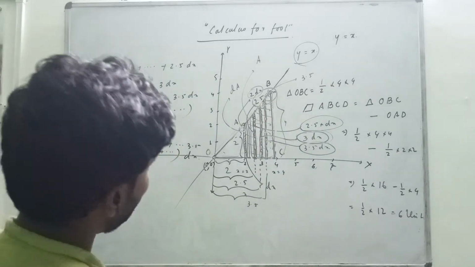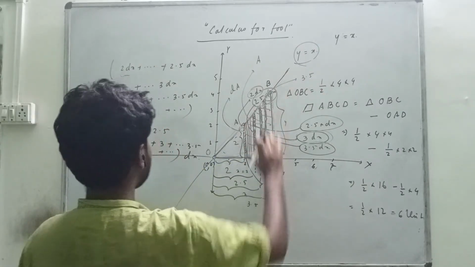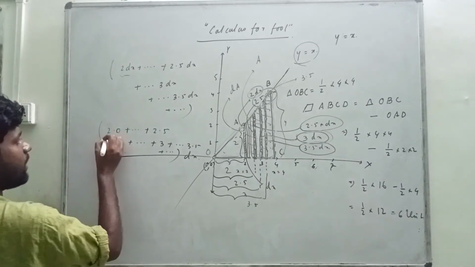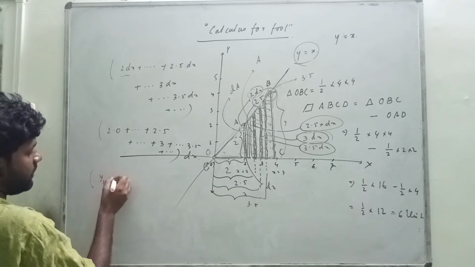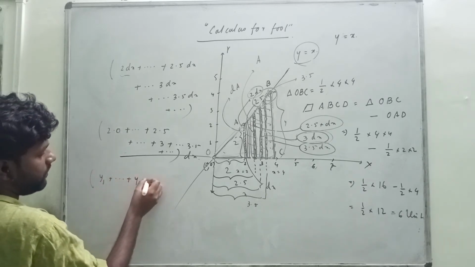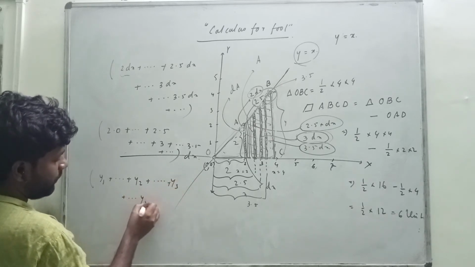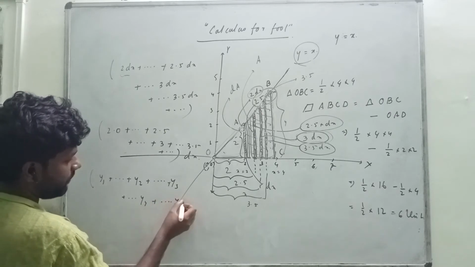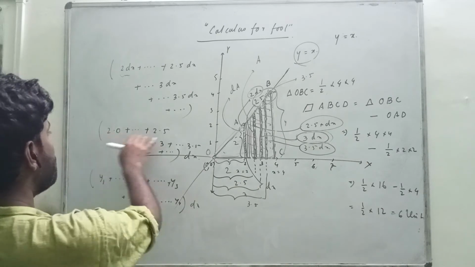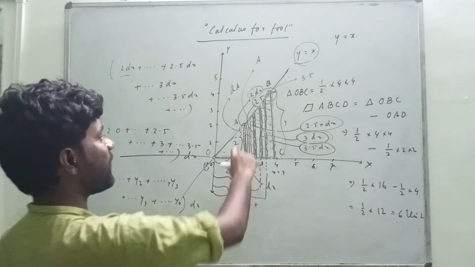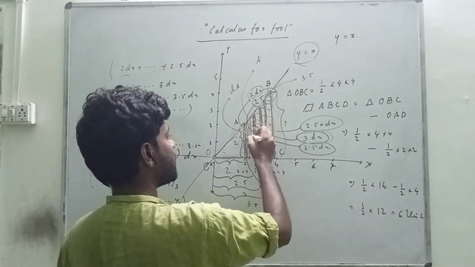And all of you know the height, according to our relation, is the y. So it is the sum of y's: y1 plus dot dot dot y2 plus dot dot dot y3 plus dot dot dot y4 plus dot dot dot y5, times dx, right? 2, 2.5, 3, 3.5 just mean y, the height of these very small areas.